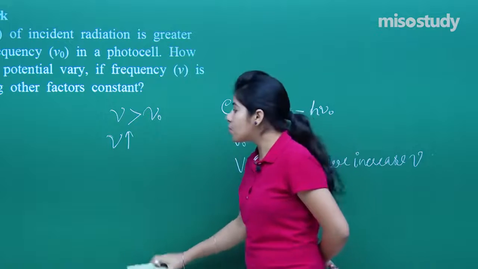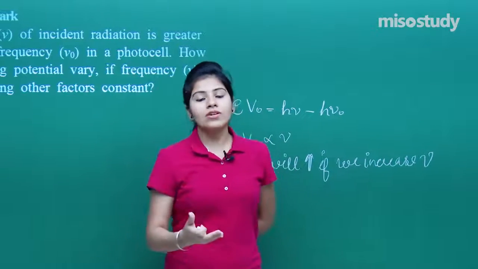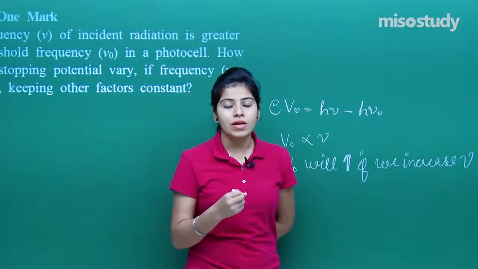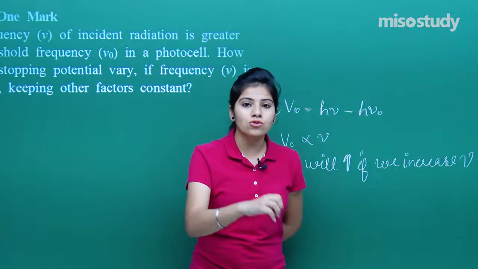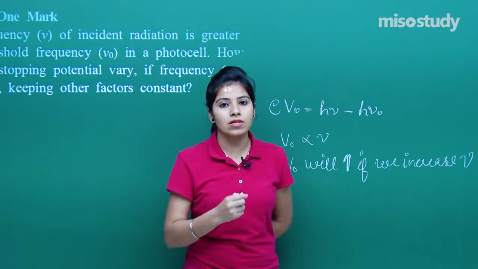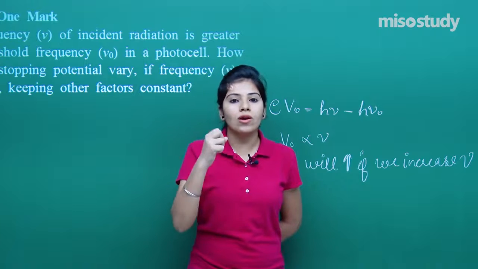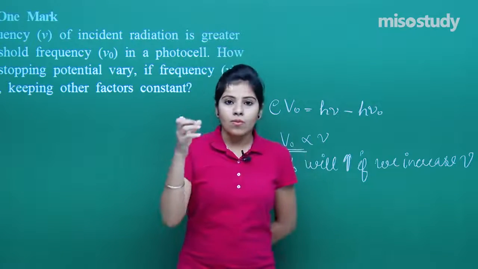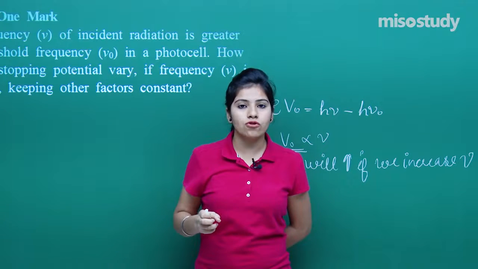The answer is this much, but I am telling you one more thing so that you understand. When we increase the frequency of incident radiation, the kinetic energy of the photoelectrons will increase. So, the electrons emitting from the metal surface come out with high energy, and to stop them, the stopping potential we apply has to be greater. The more the energy with which they come, the more the stopping potential we have to apply.